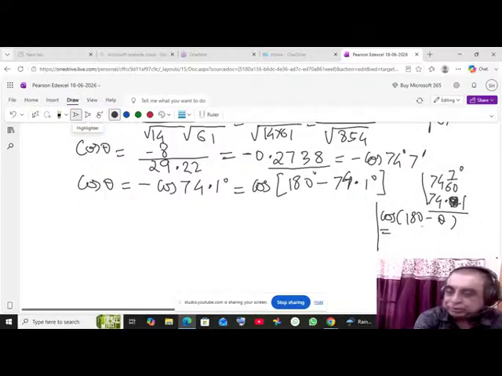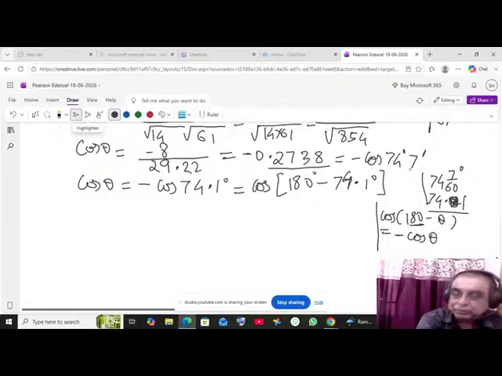Because 180 minus theta is in the second quadrant, and in the second quadrant cos is negative, and since it is 180 here, cos remains cos. So this is minus cos theta. So minus cos of 74 degrees 7 minutes is minus cos 74.1 degrees.